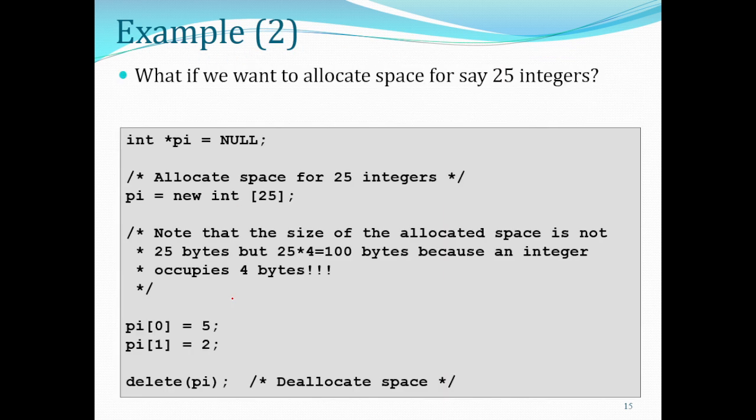And what else? So I have an integer pointer. Now that pointer is pointing to 25 integers. It's an array, and I'm using some part of it. At the very end, I'm deallocating that space such that it is given back to the operating system.